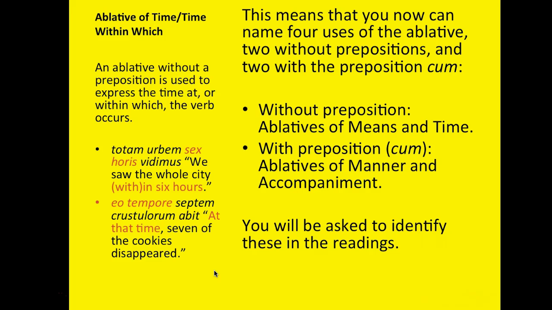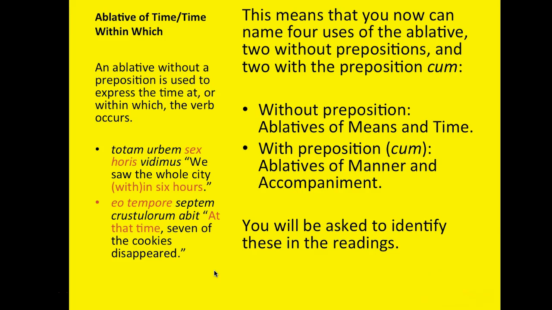This means that so far, if you were to name kinds of ablatives, you've learned 4 of them. You've learned 2 that don't have a preposition. These are the ablatives of means, that tell us with what the verb is done, and time, which tell us the time within which the verb happens.